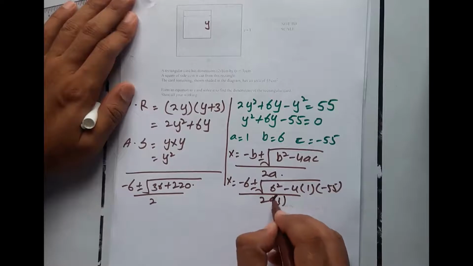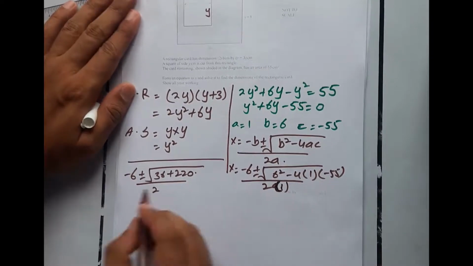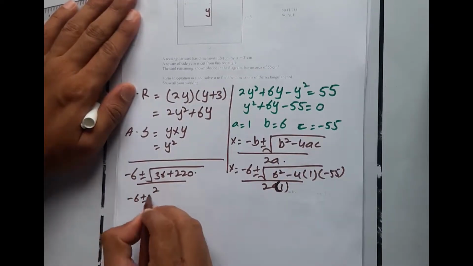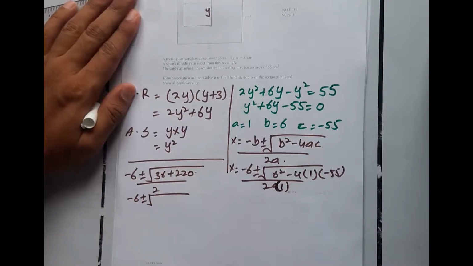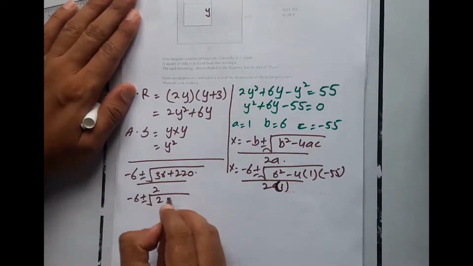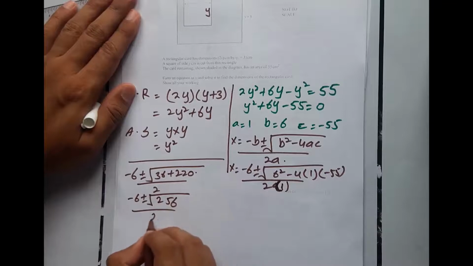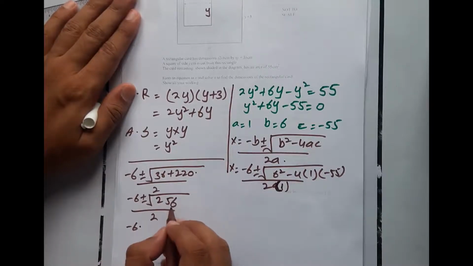I have replaced the value. Okay, now minus 6 plus minus, this will become 256 when we add them, over 2, and now we have minus 6 plus minus square root of 256 is 16, so plus minus 16 over 2.